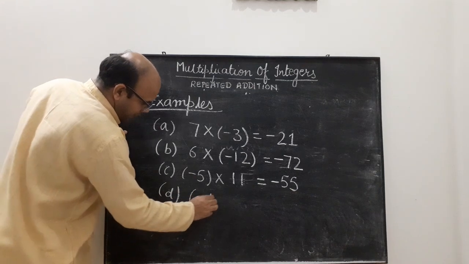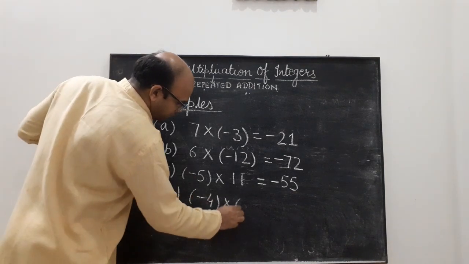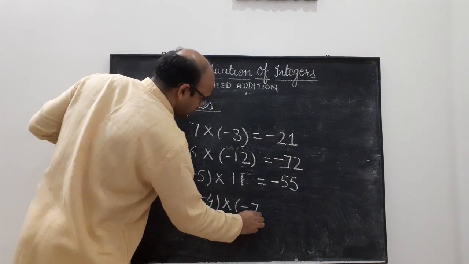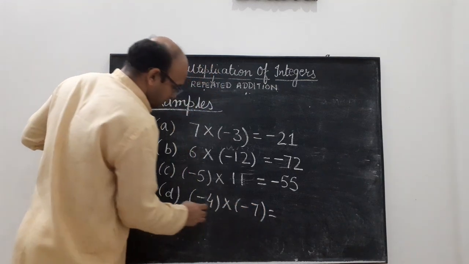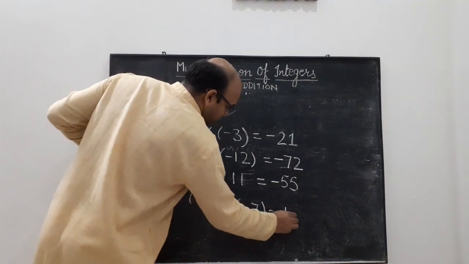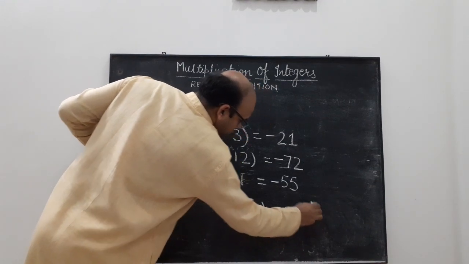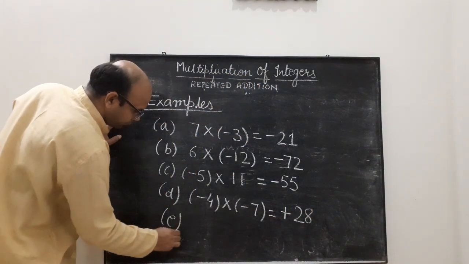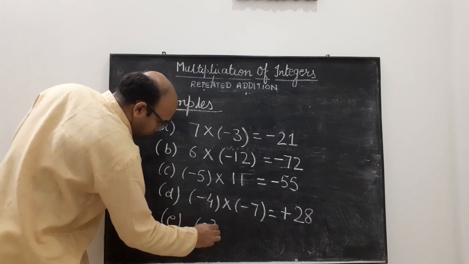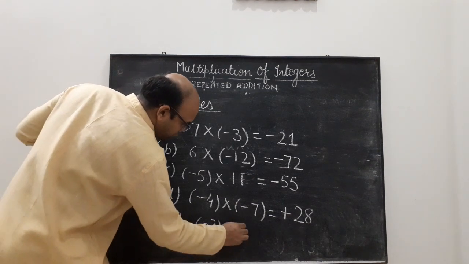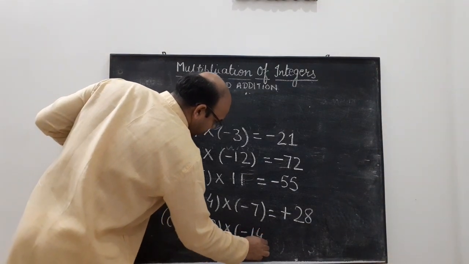Now if you are multiplying two of the negative integers, say minus 4 and minus 7, both are negative, we put a positive sign. 4 cross 7 is 28. Minus 3 into, say, minus 14.